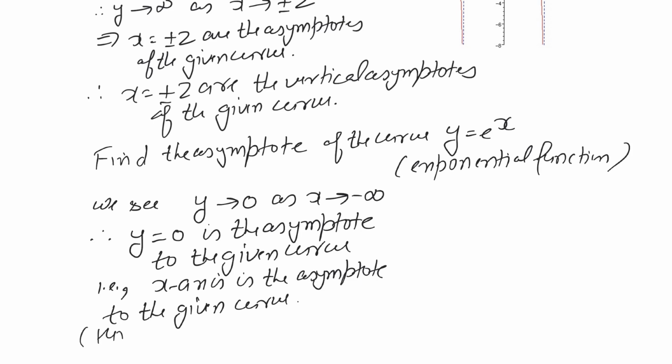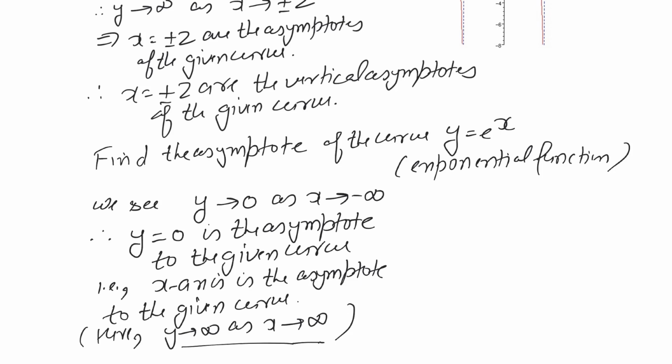Here y approaches to infinity as x approaches to infinity. So this will not solve the purpose because both are approaching to infinity as x is approaching to infinity. While in case of asymptote, if one is approaching to infinity, other shall approach to 0.